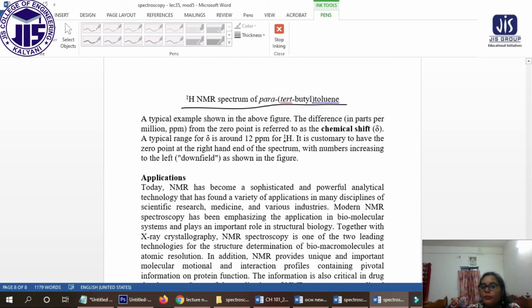This is the proton NMR spectrum of para tertiary butyl toluene, a typical example shown in the figure.